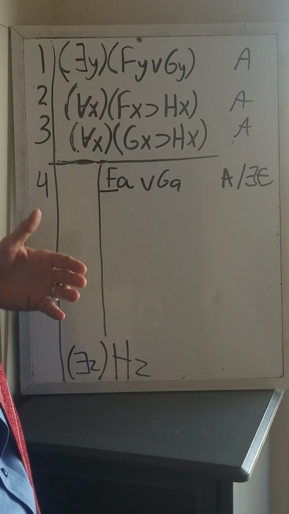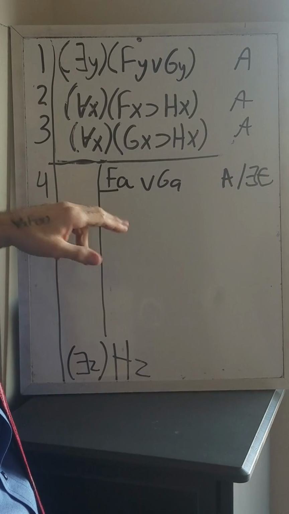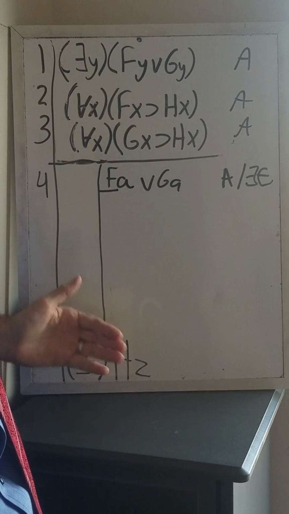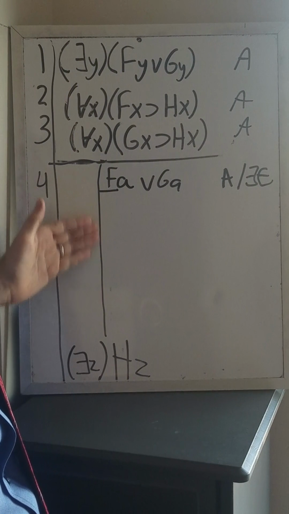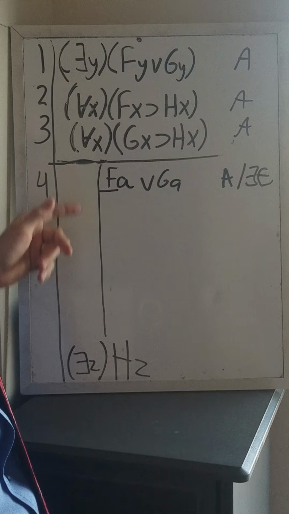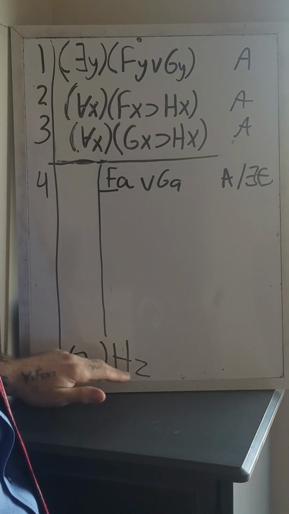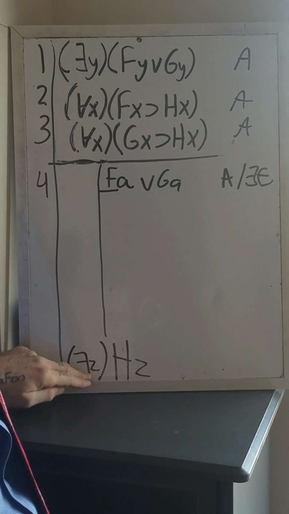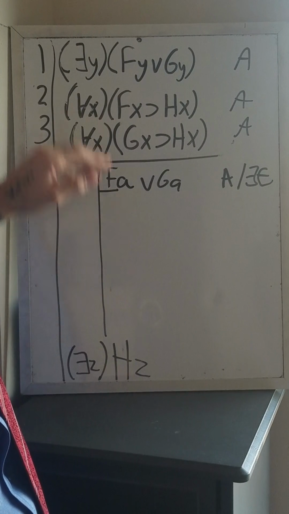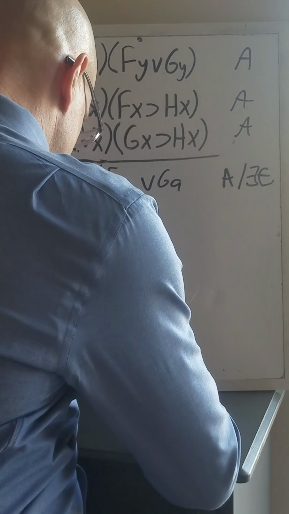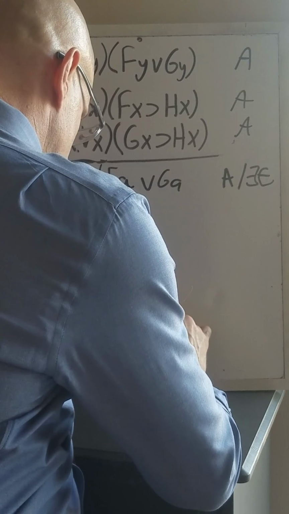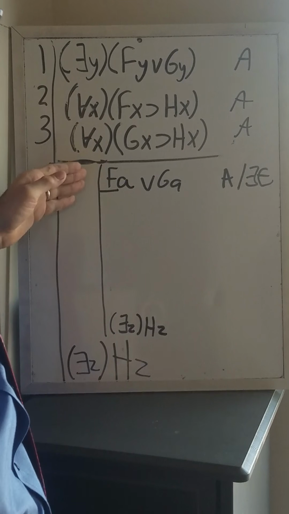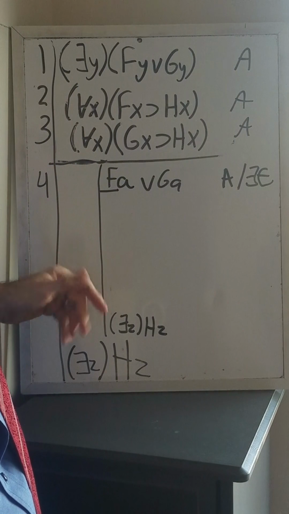Again, we know that something is F or G. We're just giving it a label so we can reason about it, and then we're going to get rid of that at the end. What we're trying to get out of this subderivation is, of course, that there is some H.